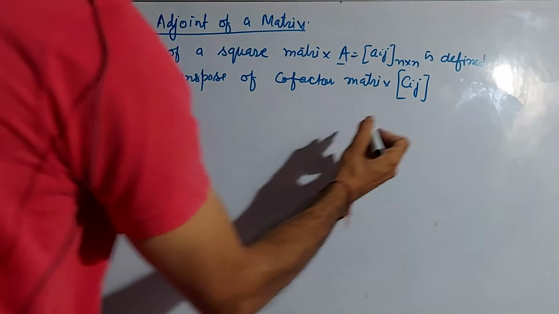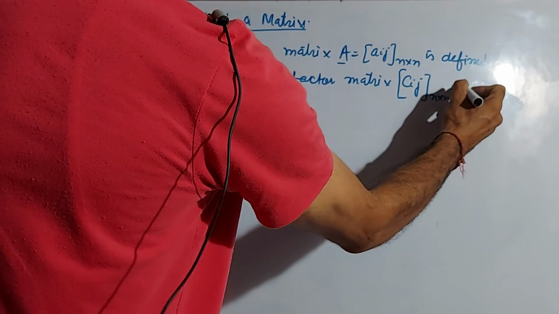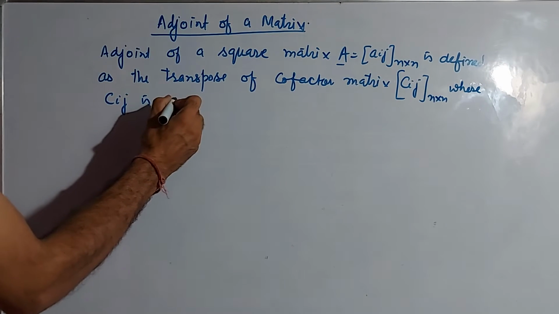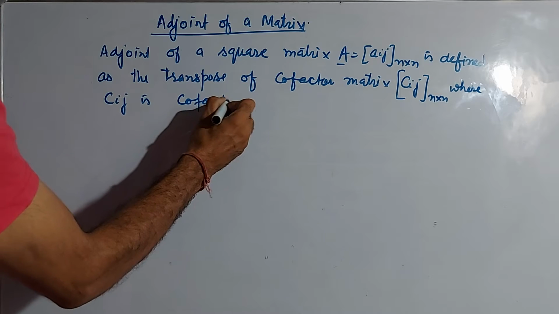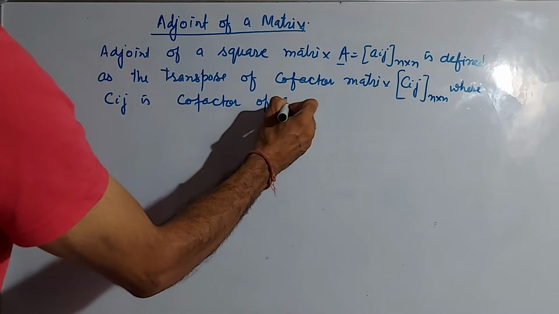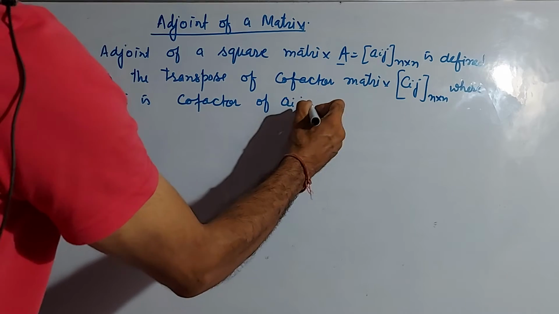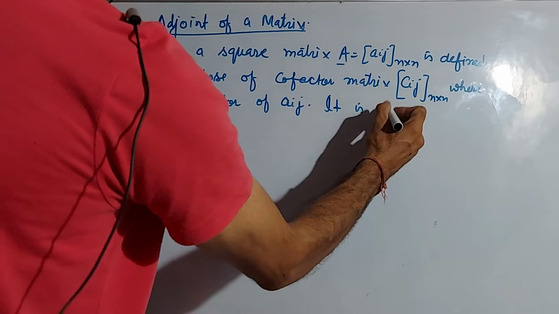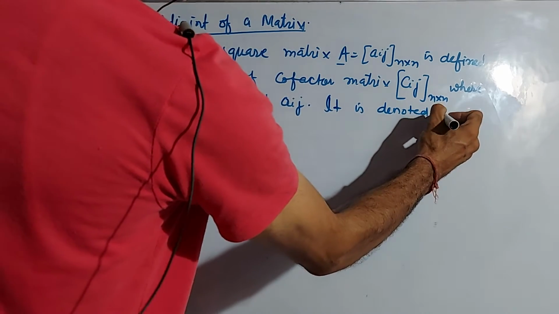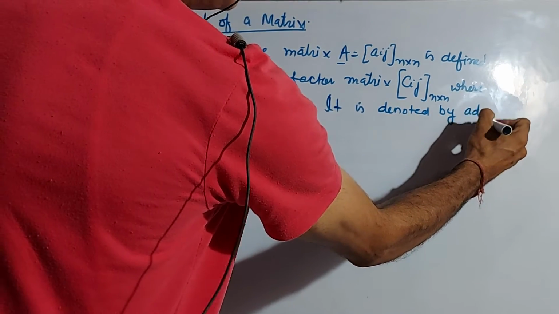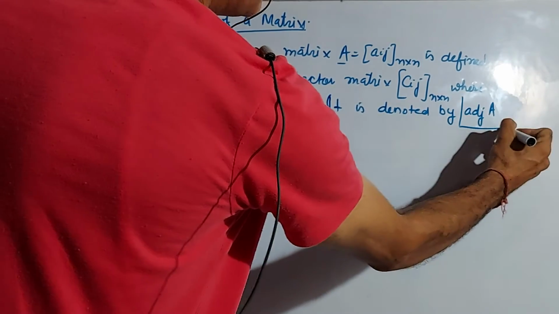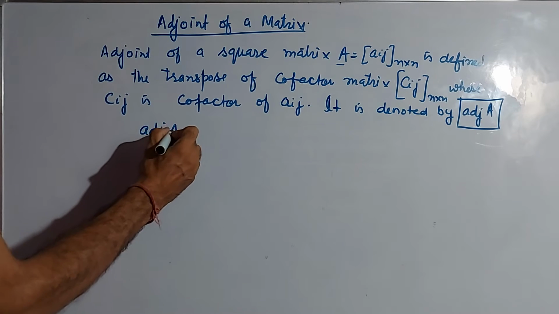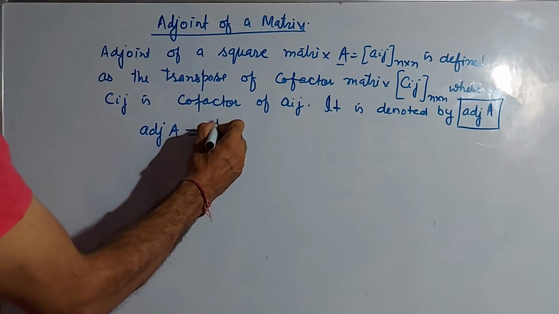This is the cofactor matrix of order n by n, where Cij is the cofactor of Aij, and the adjoint of matrix A is denoted by ADJA. We denote it like this.